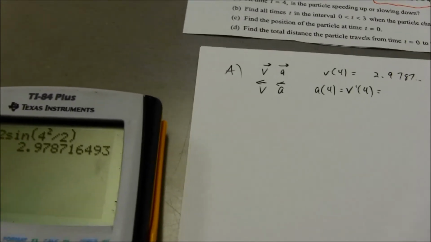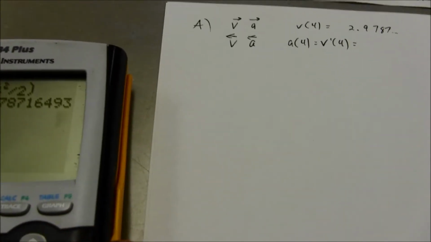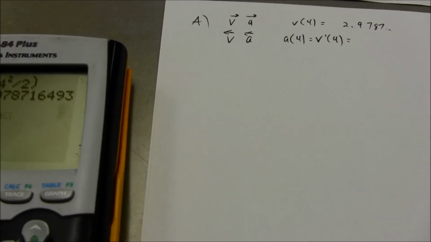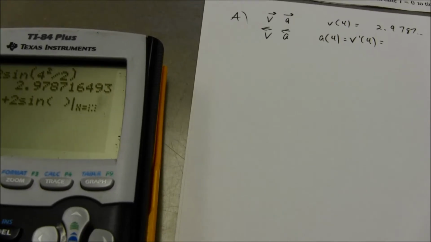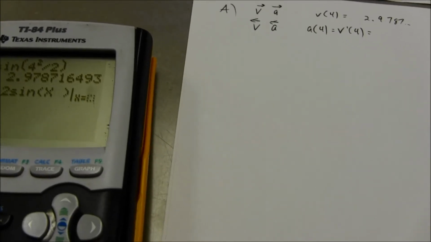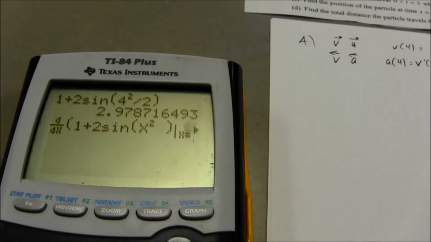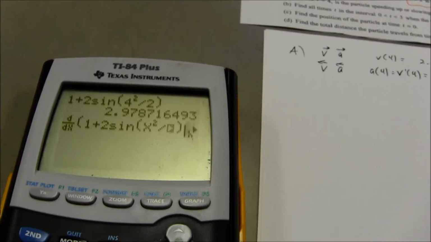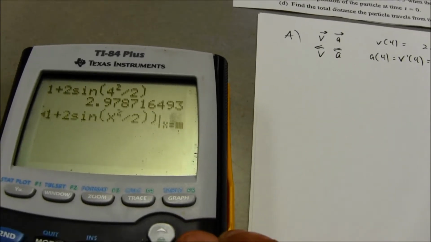We can find the derivative here. We want to find the derivative of that function, so I can go to Math 8 on my graphing calculator. Derivative with respect to x of the same function, 1 plus 2 sine of the quantity x squared over 2. Close my quantity there.